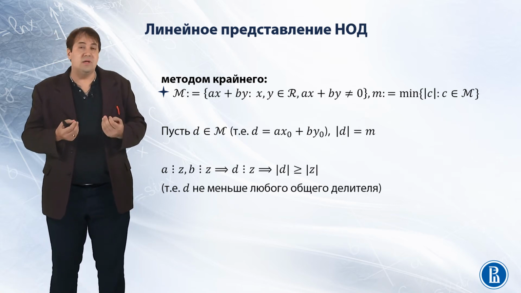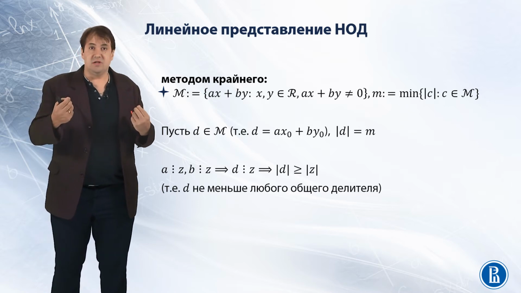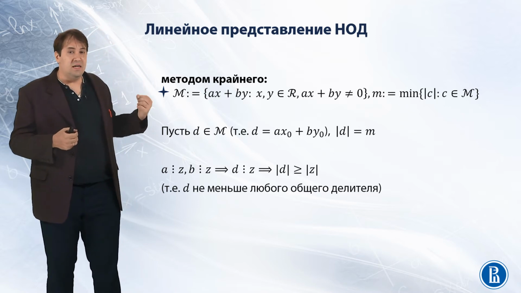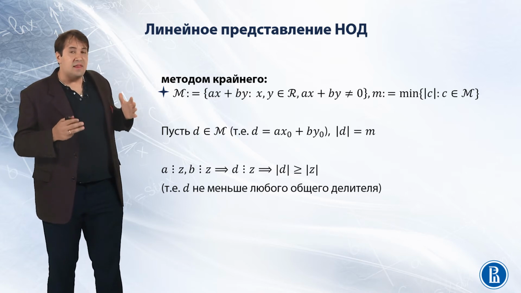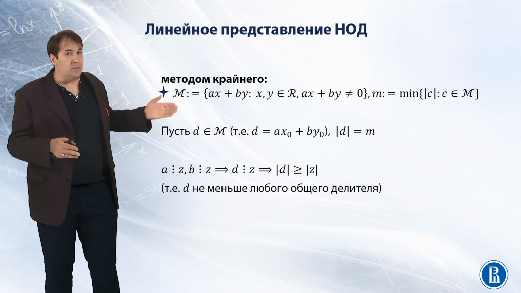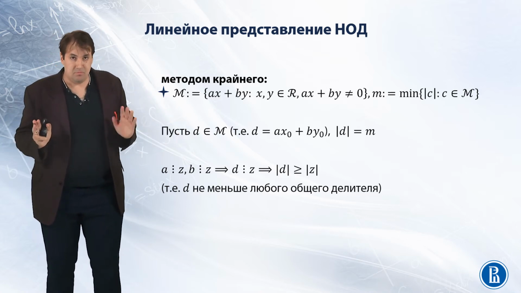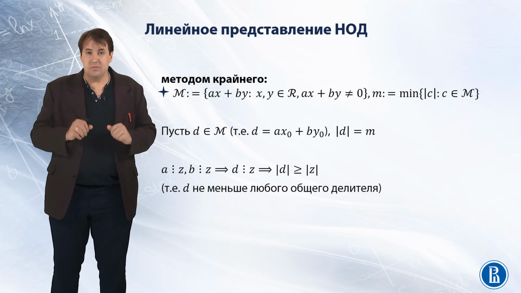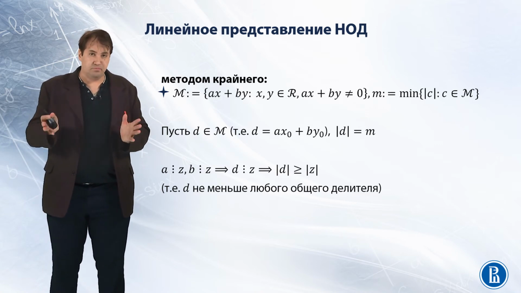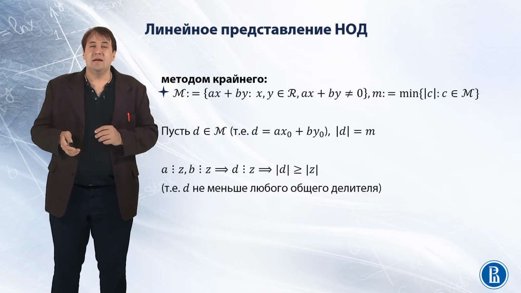Therefore, as we know from the properties of the norm, the norm of d is greater or equal than the norm of any common divisor of a and b. So, this part of the statement we proved.